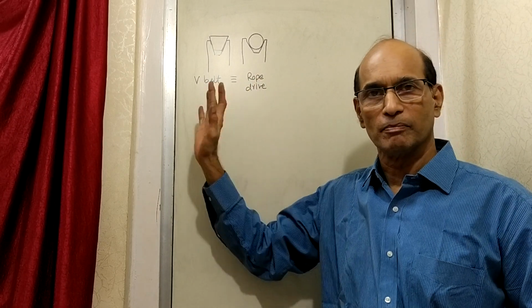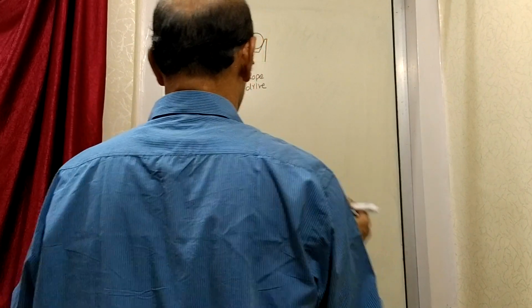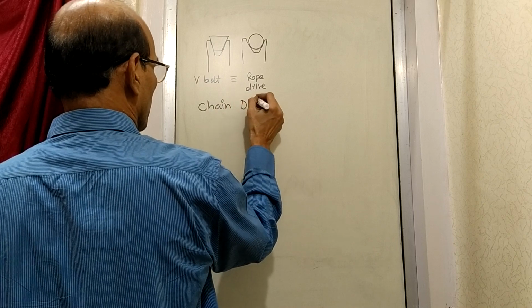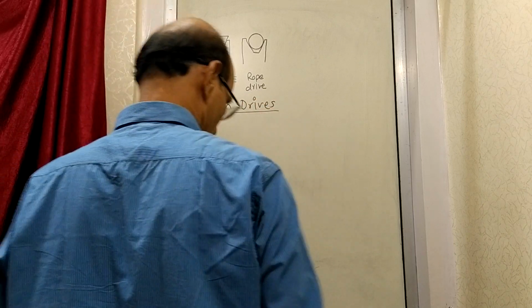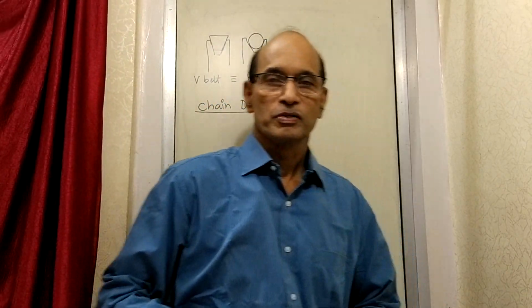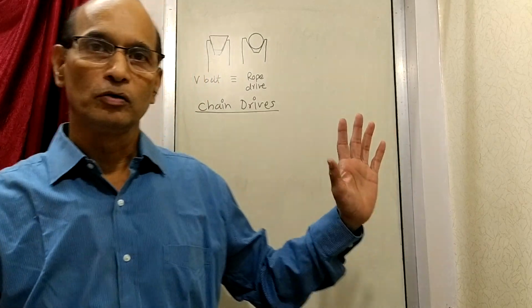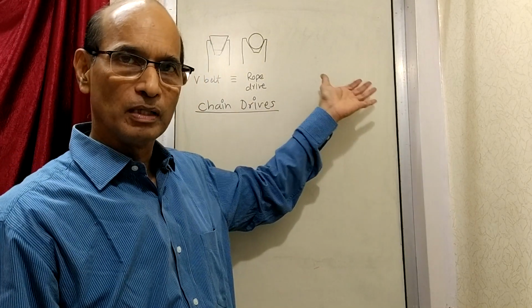So rope drives and belt drives we have completed. Now let us see what is called as a chain drive. So what are chain drives? That is the next thing. We'll see what are chain drives. While learning chain drives, we are going to understand the concepts by comparing it with the belt drives.